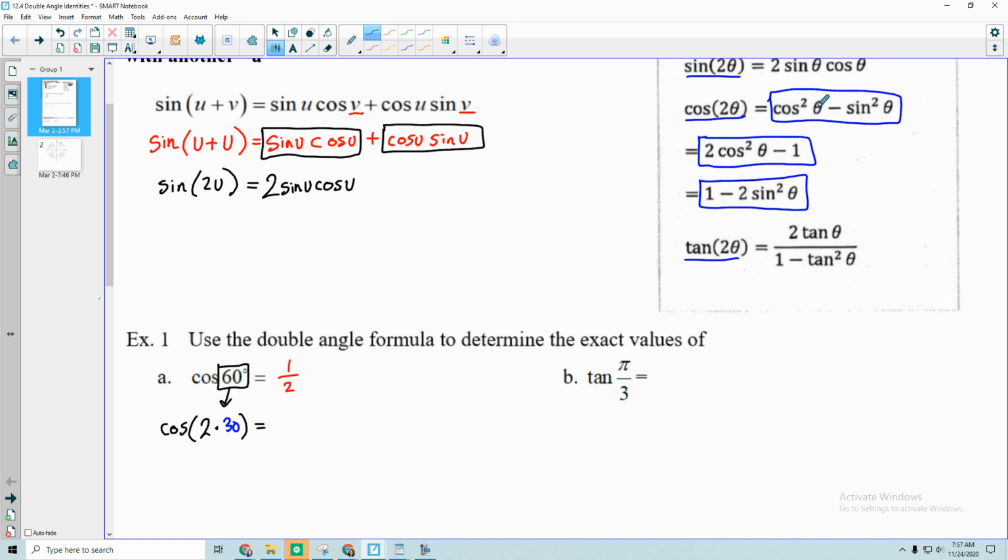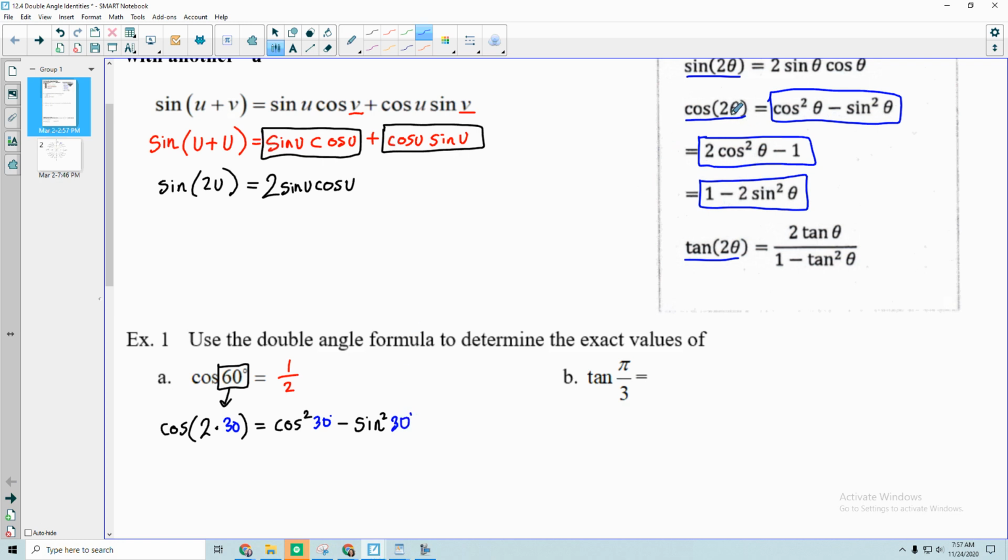So everywhere that there's a theta, I'm now going to replace that with 30. So let's go ahead and write this. So I have the cosine squared of 30 degrees minus the sine squared of 30 degrees, okay?